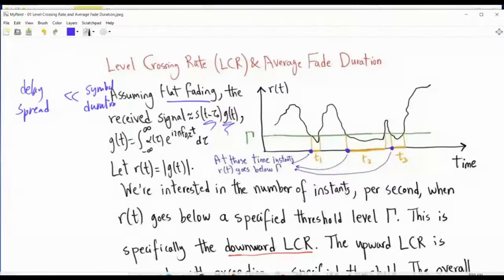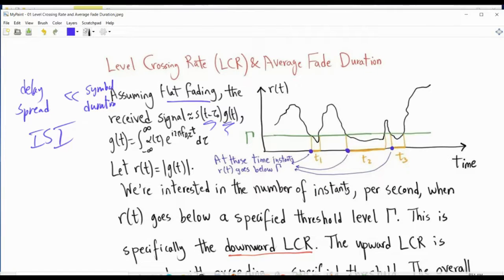If the delay spread is much larger than the symbol duration, a sample taken from the received signal will depend on numerous symbols. So you have inter-symbol interference, and your signal will depend on a number of the transmitted symbols.